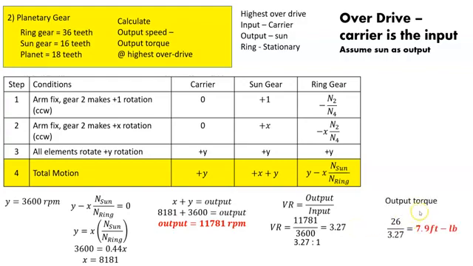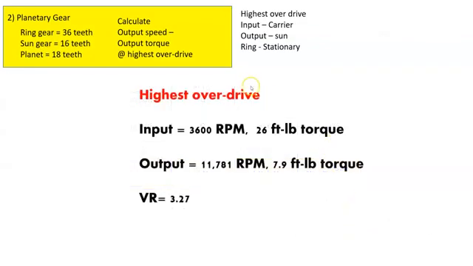So our output torque is going to be 7.9 foot-pounds. Our torque goes down from 26 to 7.9, but our velocity goes from 3,600 to 11,781. So for question number 2, the highest overdrive is going to be when we use the sun as the output and keep the ring stationary.